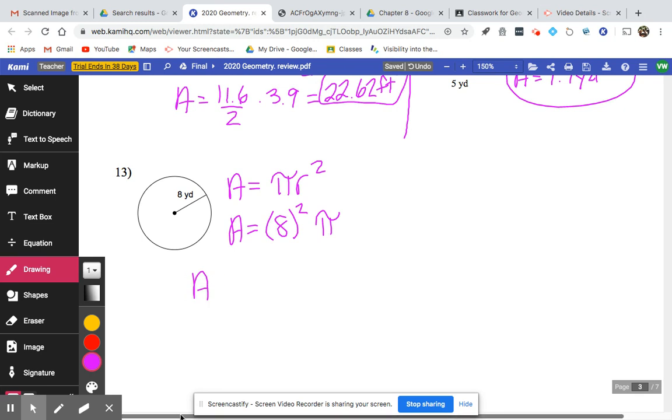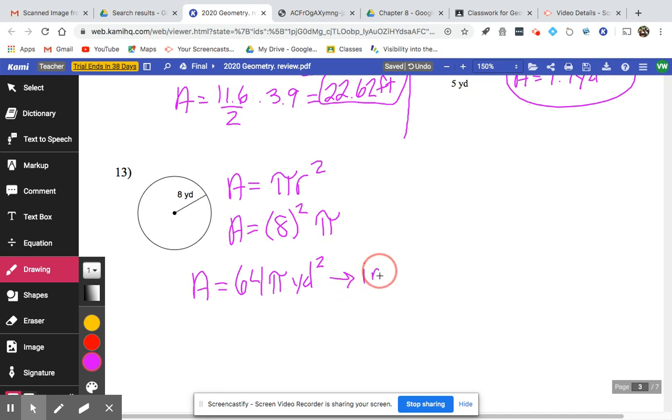The other one I'm rounding to the nearest hundredth. I'm going to do in terms of pi first. 8 squared is 64. And that's all you do. You're leaving pi as the symbol. You don't do anything with it. So 64 pi yards squared.